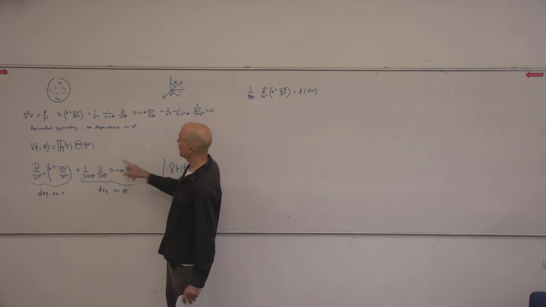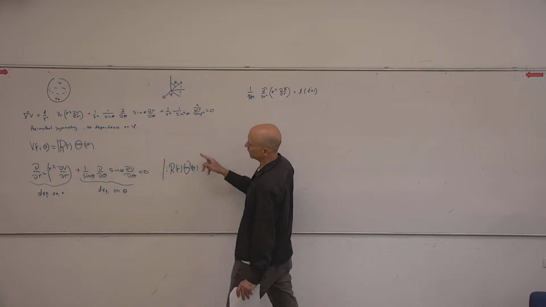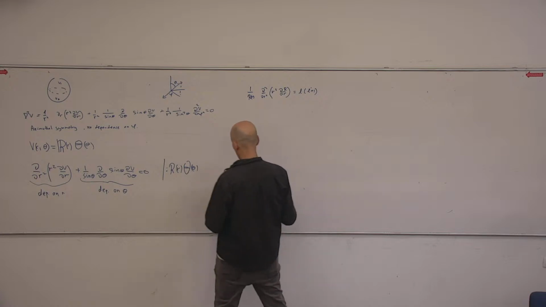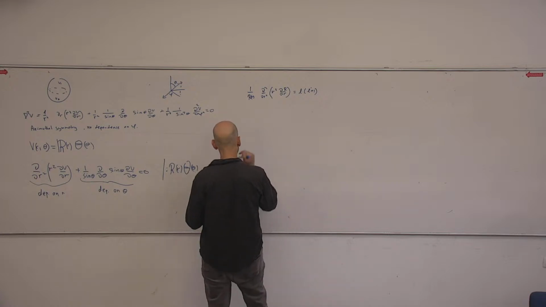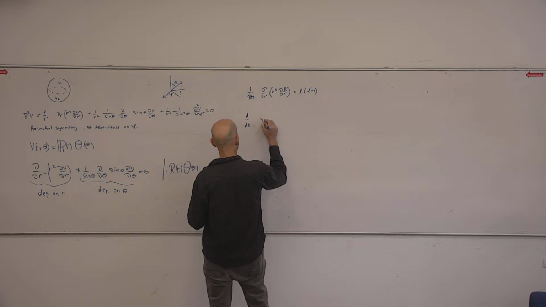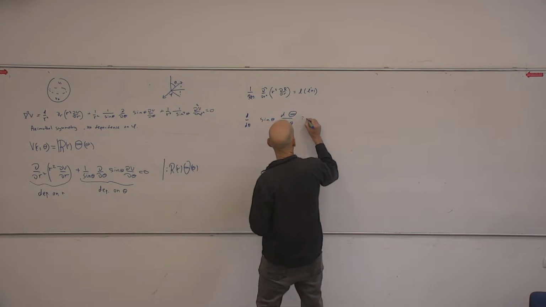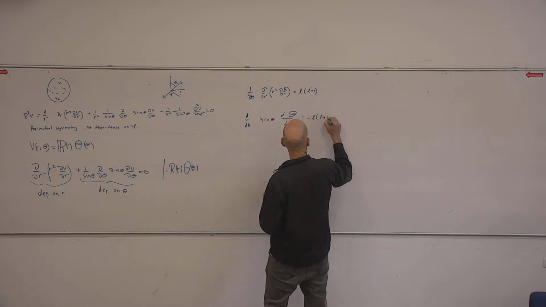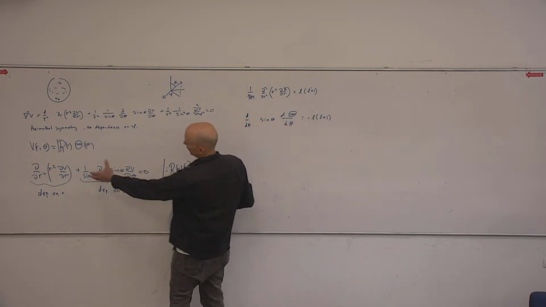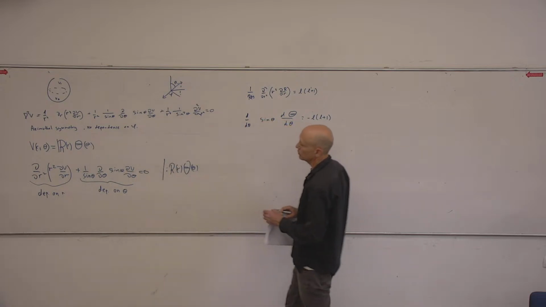I'm going to multiply by Theta, and then I'm going to have the following equation: 1 over sine theta d/d theta of sine theta dTheta/d theta equals minus l(l+1) Theta. The minus is because you need to take it to the other side.